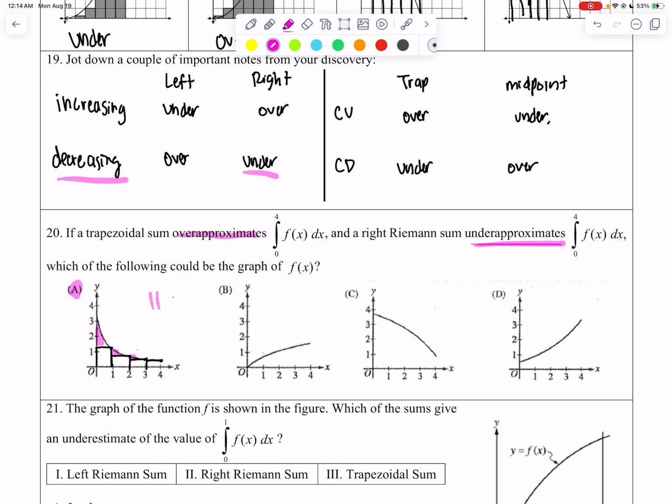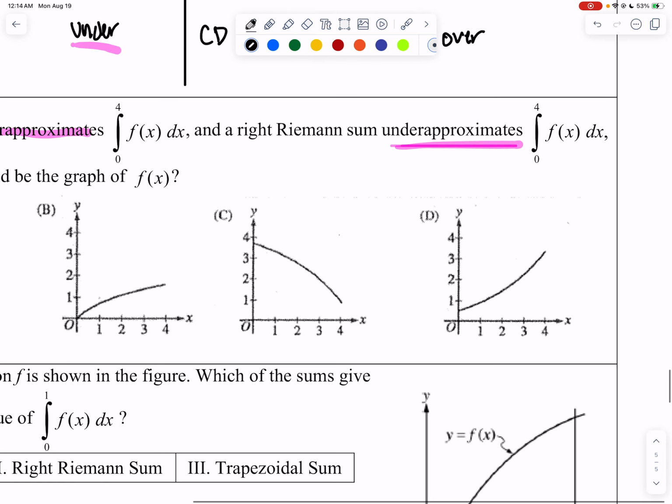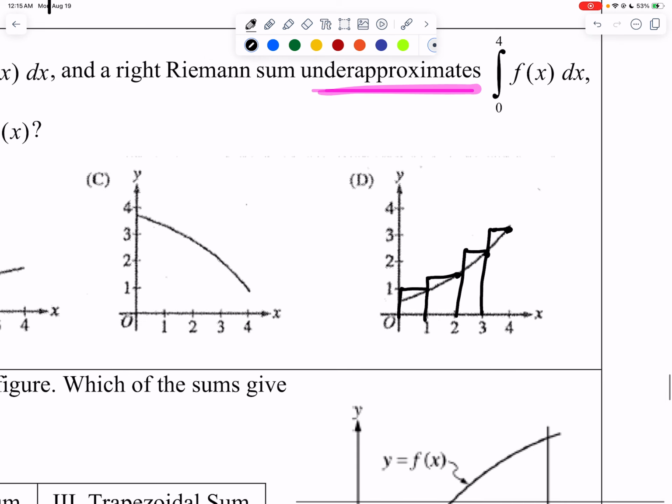So that would be an underestimate. Whereas part D here, if I were to do a right Riemann sum, notice how I'm taking into account of the whole area under the curve, but then a little bit more.